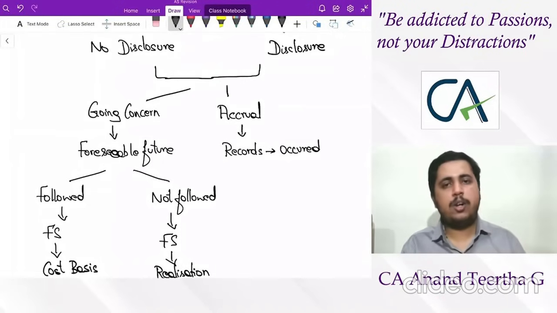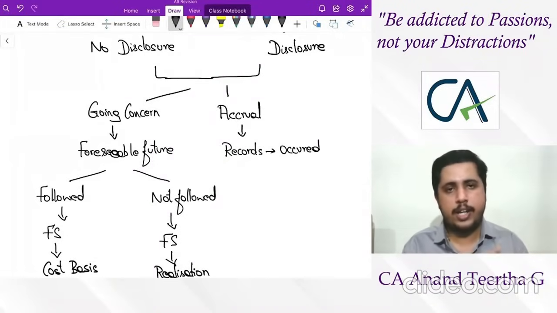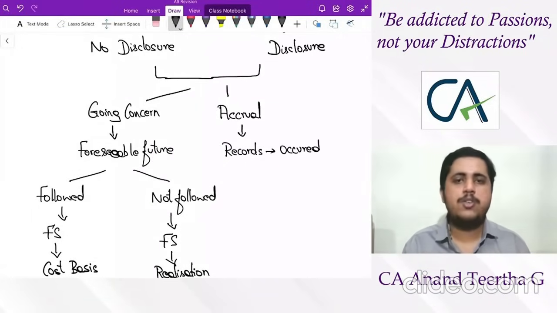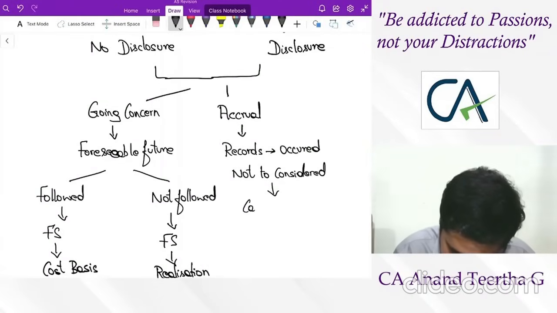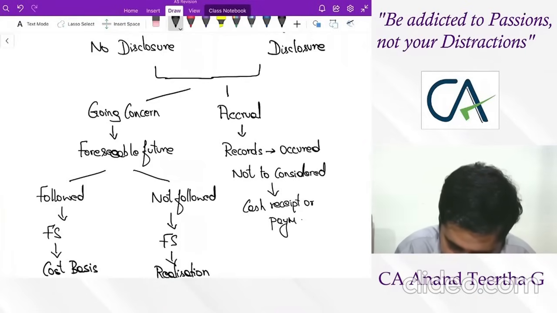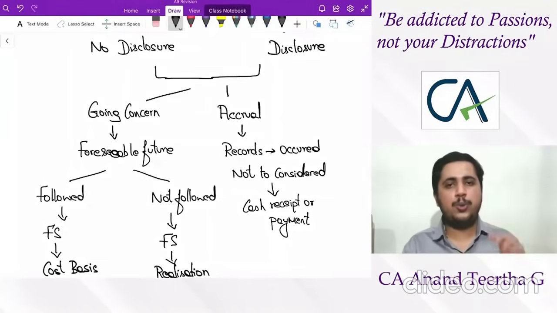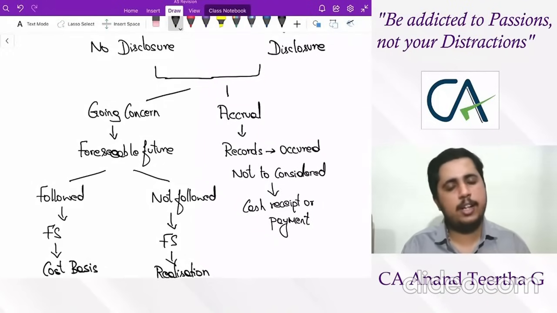So according to occurrence basis, a record is maintained for accounting purposes. That basically means you are not going to wait for cash receipt or cash payment. You have to do it according to occurrence, according to the event. That event has occurred, pass an entry.